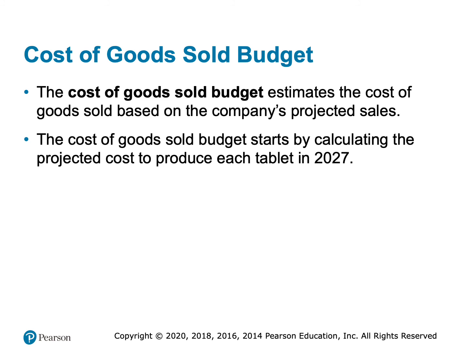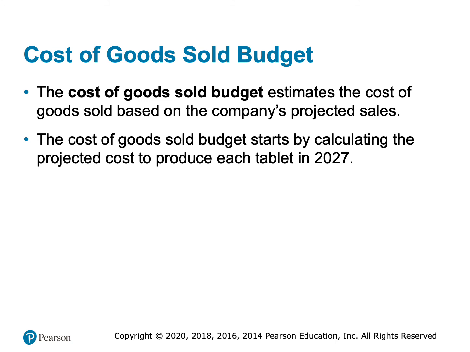So we know that the three product costs are materials, labor, and overhead. So we're going to total up how much materials, how much labor, and how much overhead it takes to make one unit. So let's go back to our materials budget.